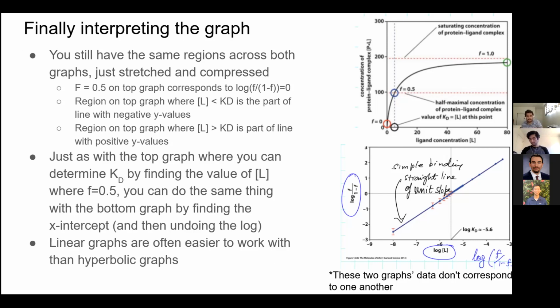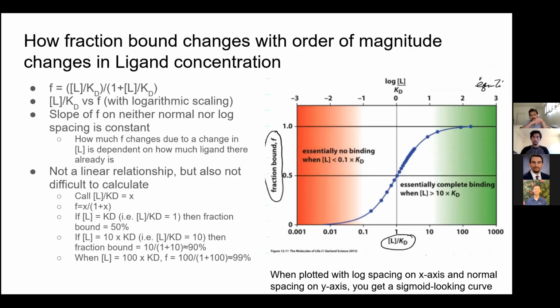So why would you want to do that? Well, linear functions and determining coefficients are very easy and commonplace with linear plots, whereas a hyperbolic function is harder to work with. But they're really showing you the same thing.